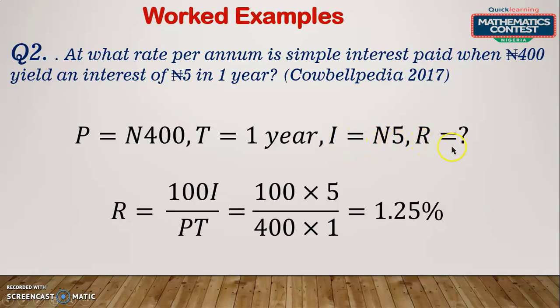The rate is what we're actually looking for. So using our formula, 100 times interest, that is 100 times 5 over principal times time. The time is 1. So if this 0 cancels this 0, what we have left is 5 over 4. And 5 divided by 4 is 1.25%. So this is actually the rate. I trust you understand what we're doing.